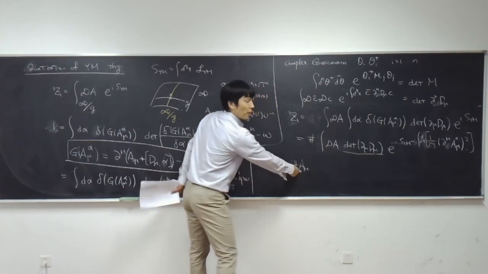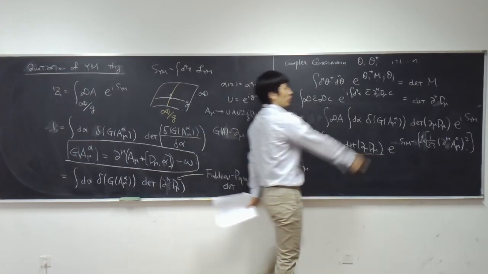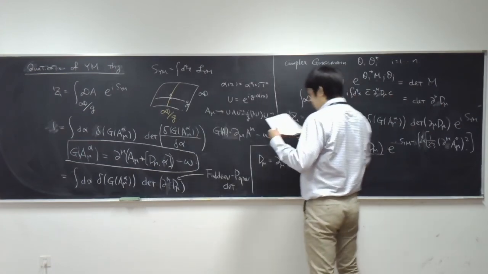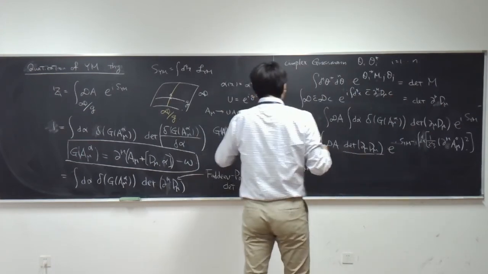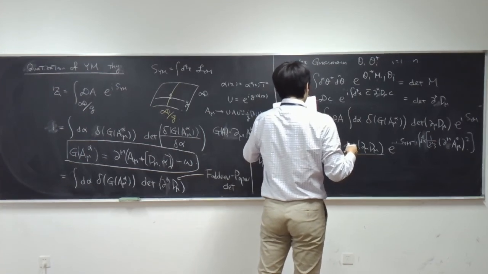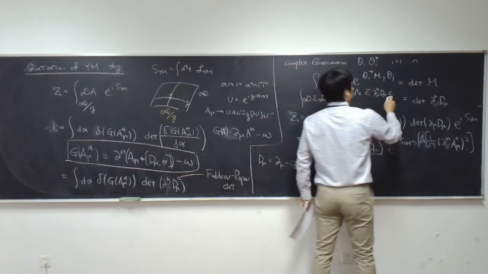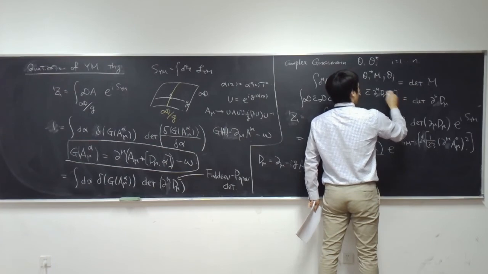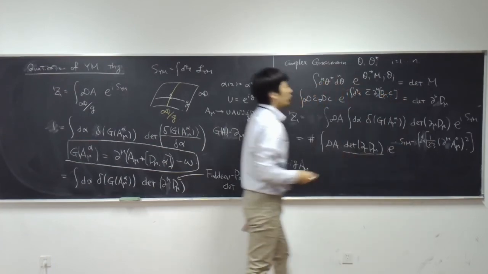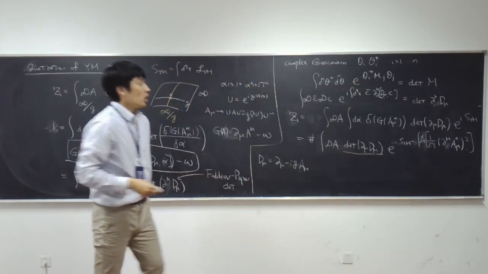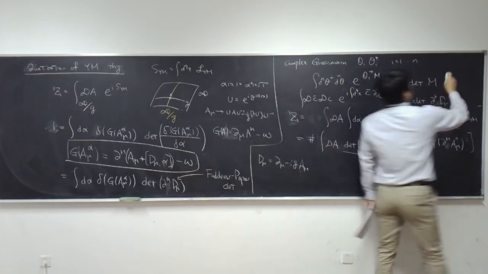And A mu is matrix valued. And here c is, of course, I just assume the adjoint action. So c is now algebra valued.